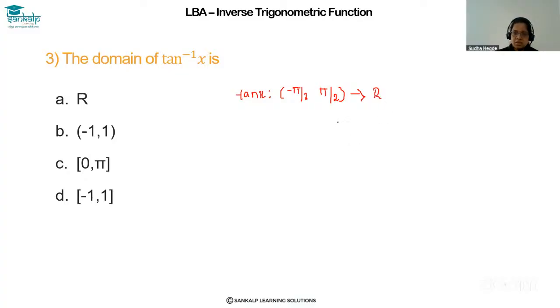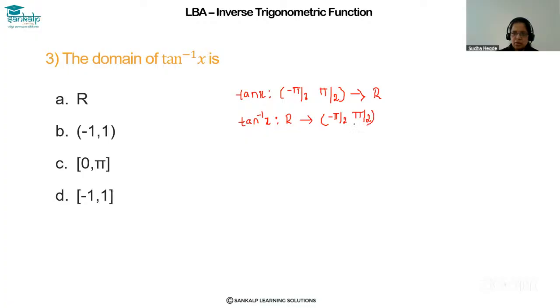Since it is one-one and onto in this domain, tan x is invertible. So tan inverse x is from where to where? It is from R to open interval minus pi by 2 to pi by 2.